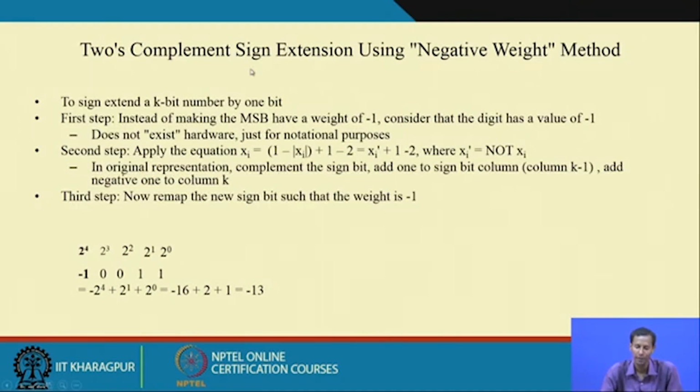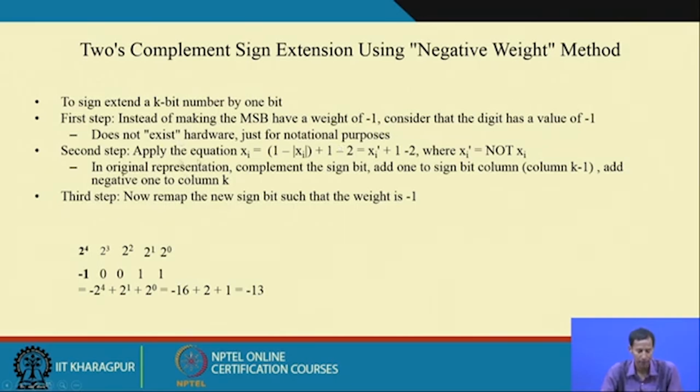Then the 2's complement sign extension method: how can we sign extend a k-bit number by 1 bit? The first step is that instead of making the MSB have a weight of minus 1, consider that the digit has a value of minus 1, which does not exist in hardware, because this is just for notational purposes.